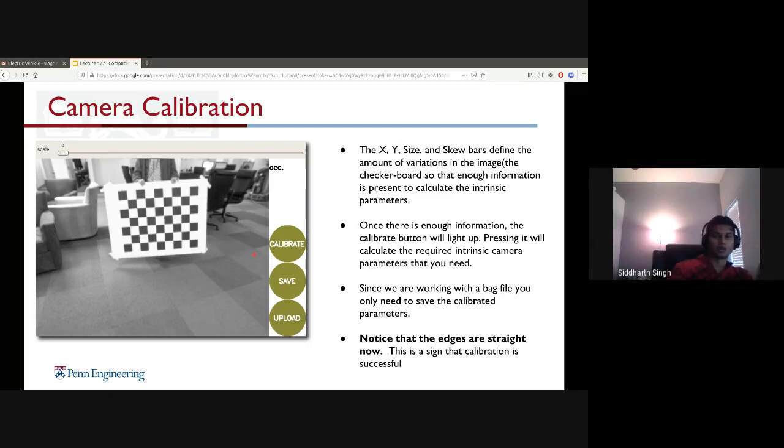Now that it has been calibrated, see that the lines are parallel, so the camera now understands the mapping by the camera intrinsics between what I'm seeing and what the image is.